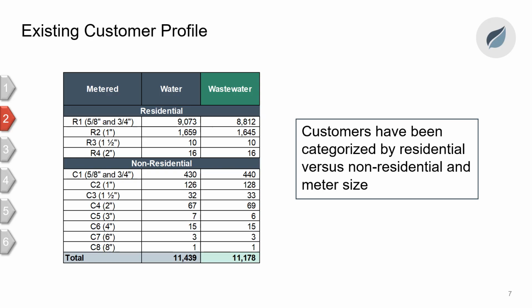And on the wastewater side, we have a total of 11,178 customers. And so this is important because the existing customers become the starting point for our calculations, and then we're going to layer on anticipated growth over the forecast.